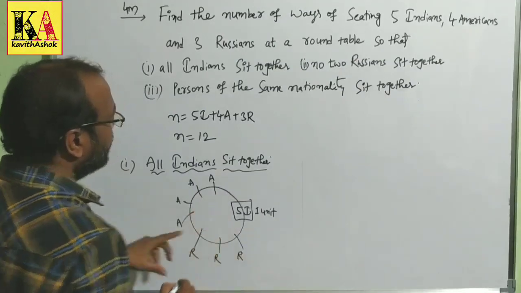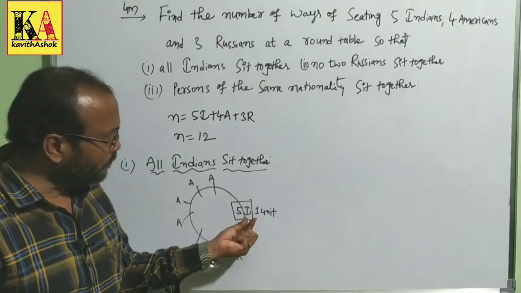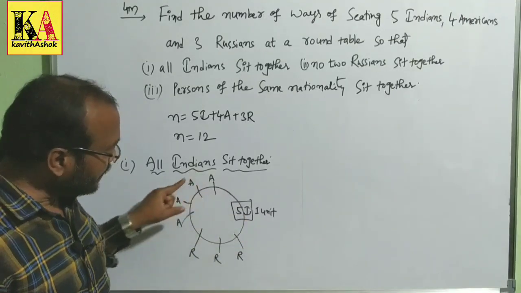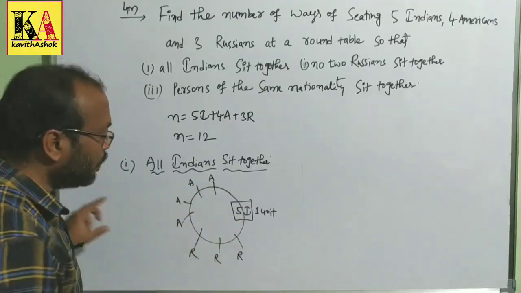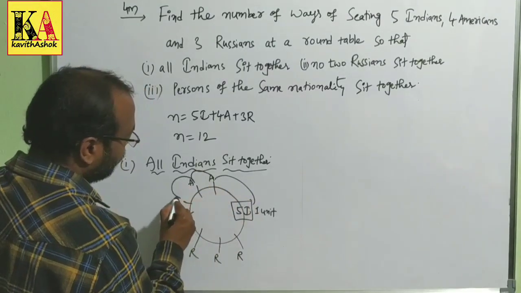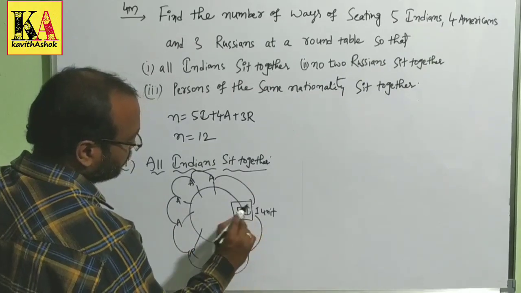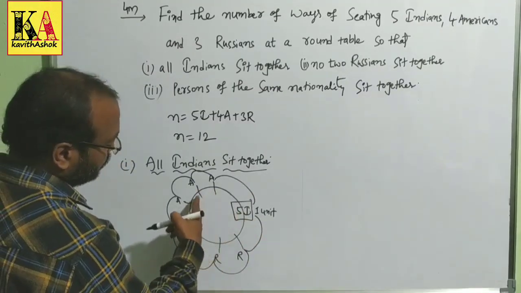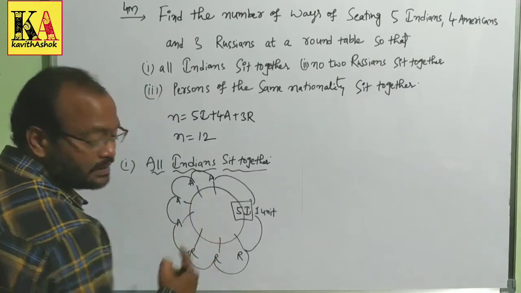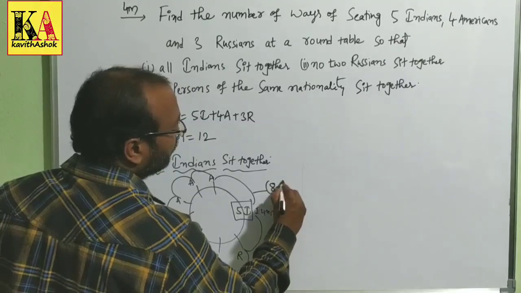Right. So whenever sit together is there, we can consider that as one unit. So whenever this is one unit, remaining each person acts as one unit. How many units are there now? 1, 2, 3, 4, 5, 6, 7, 8. So total 8 units can be arranged in 8 minus 1 factorial ways.